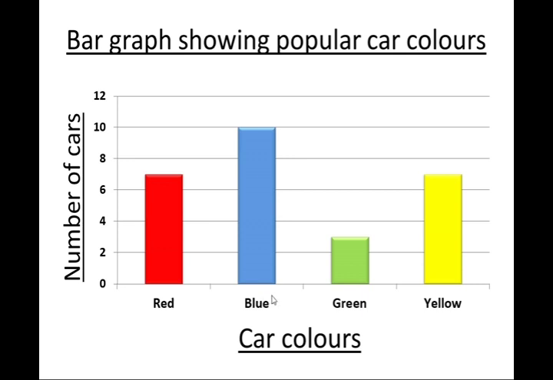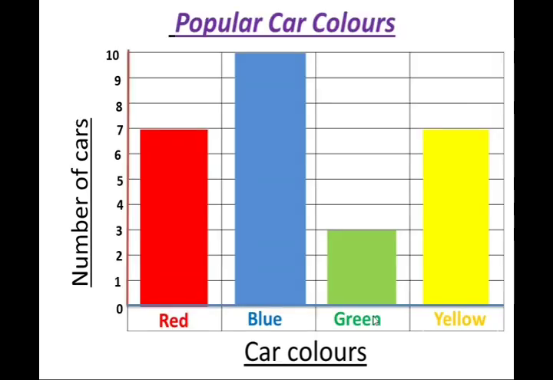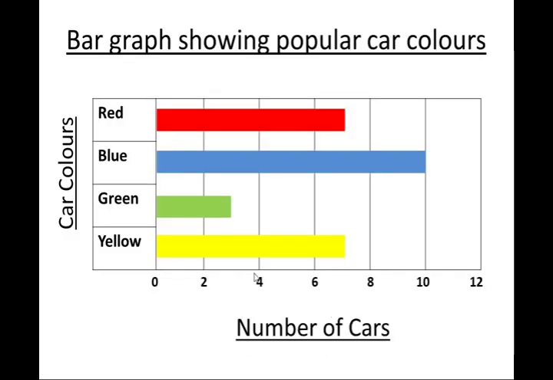Here, the categories of the different colors are on your x-axis, but on this graph that is drawn horizontally, that means from left to right, your categories are now on your y-axis. So it is possible for us to draw graphs in a vertical or a horizontal manner.